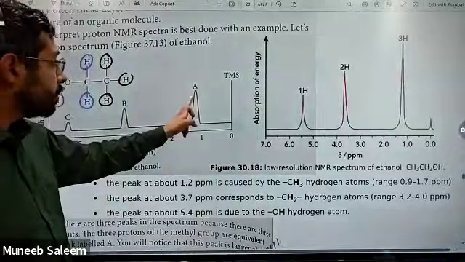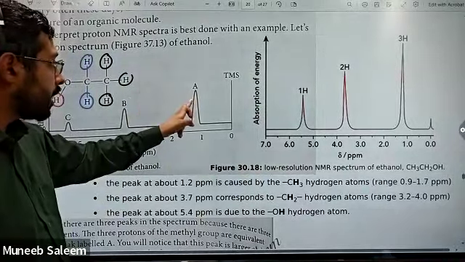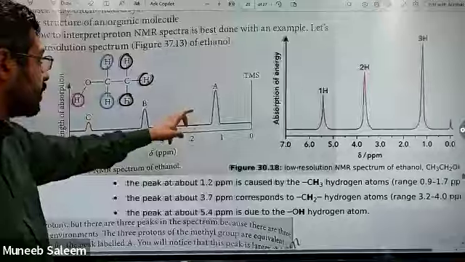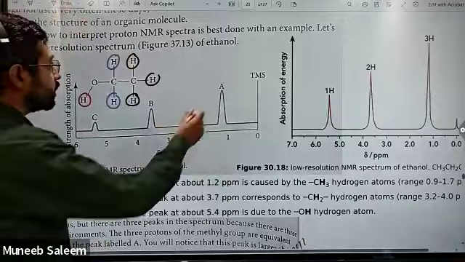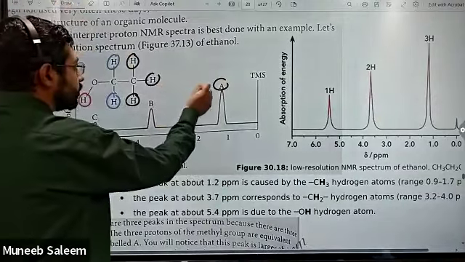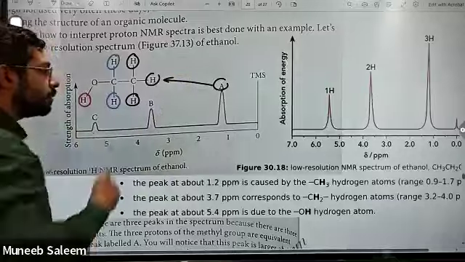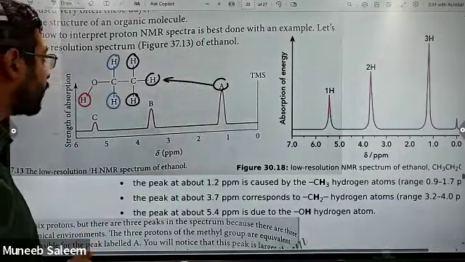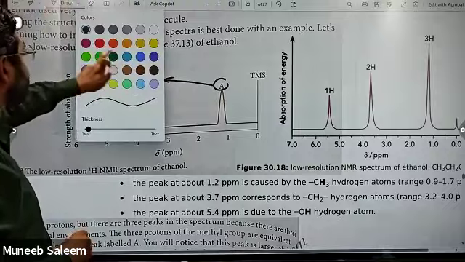For example, the A peak has the highest area, which means it must be indicating these three hydrogen atoms, which I have encircled with black pen.